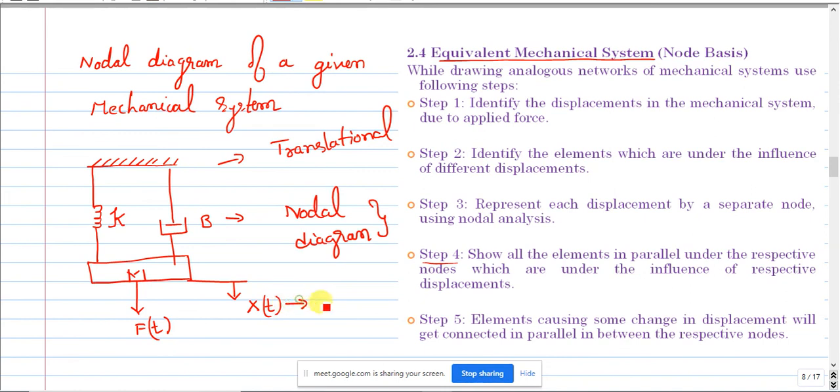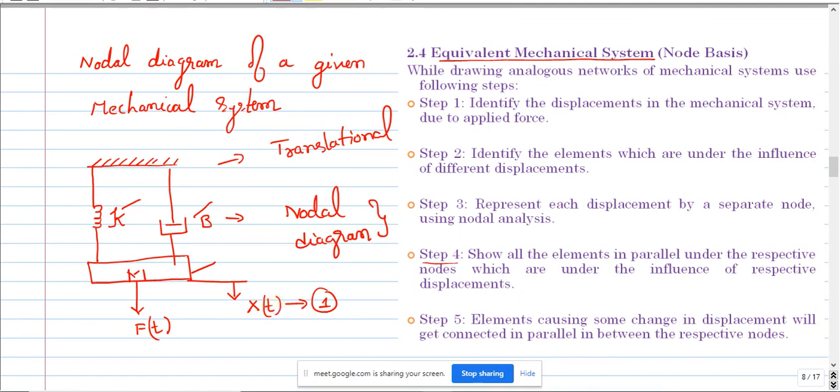That is done, we have identified it. Second, identify the elements which are under the influence of different displacements. For the given system, we have only one displacement. Under this displacement, we have mass, friction and spring. So a total of 3 elements are subjected to x of t. That is also done.